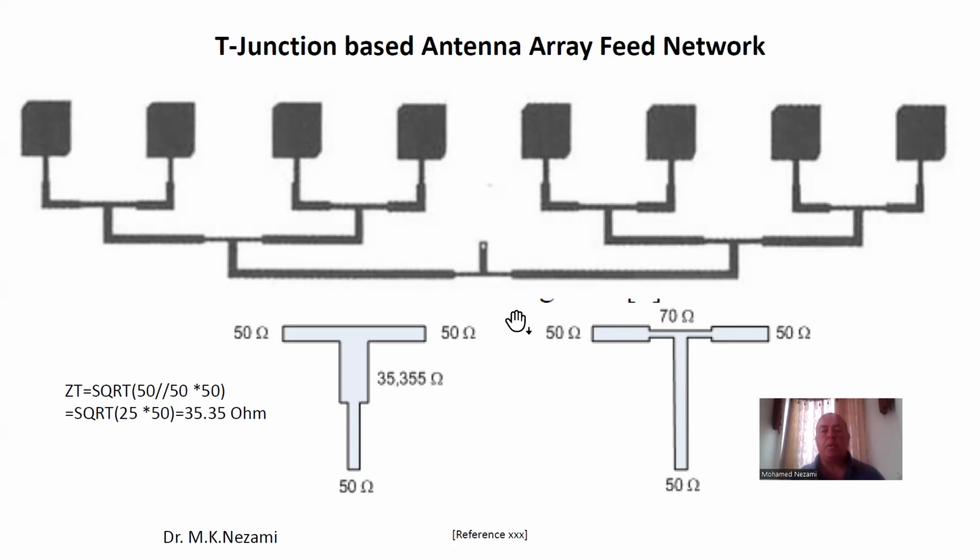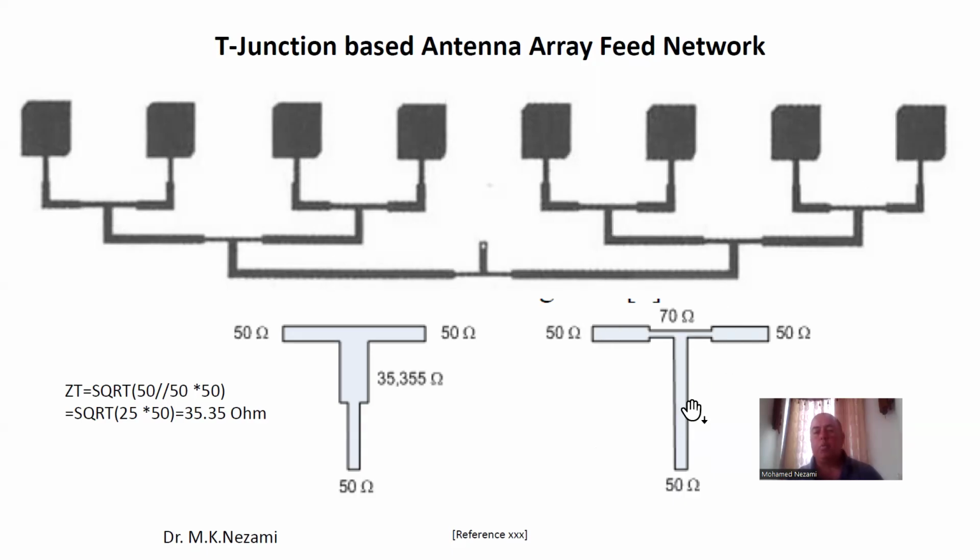So this transformer in here is used here, okay? And so we go to the antenna in here, the antenna itself has an impedance. So we have a quarter wave here that transforms the antenna to 50 ohm in here. And this is 70 ohm in here. That's 50 ohm in here. This is 70 ohm in here. So you can see that this guy here is used all over in this particular array.